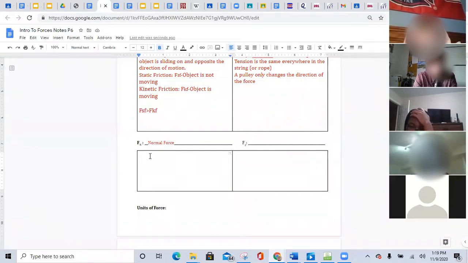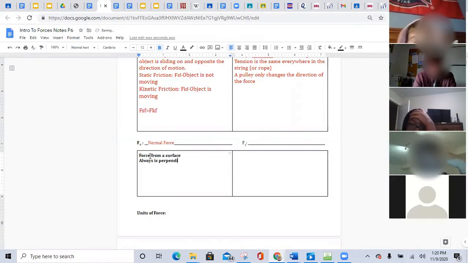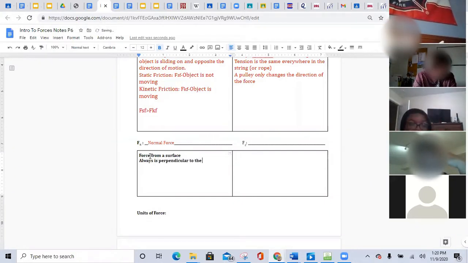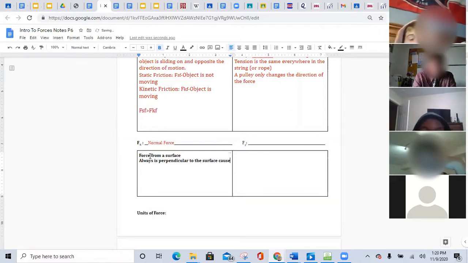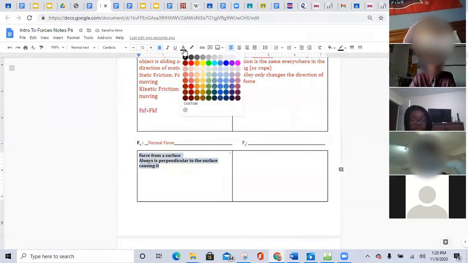A normal force is a force from a surface. It always is perpendicular to the surface causing it. That's a normal force.